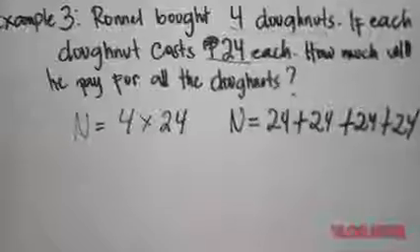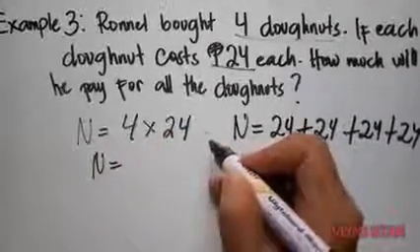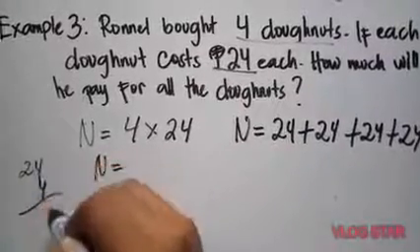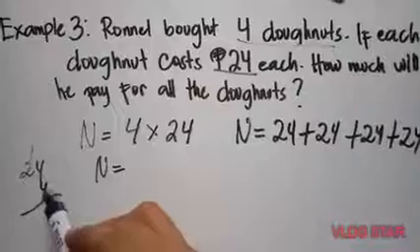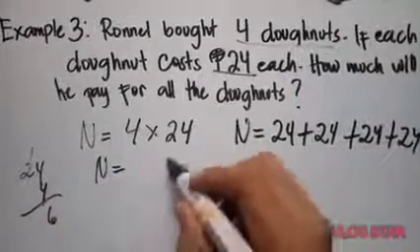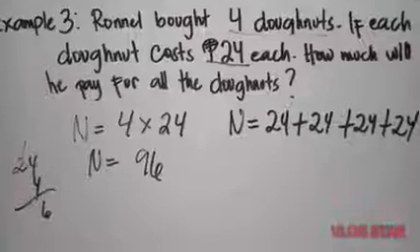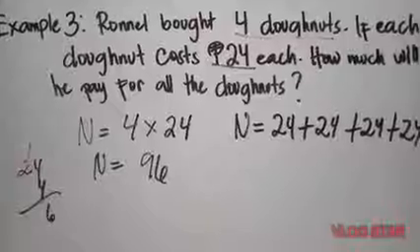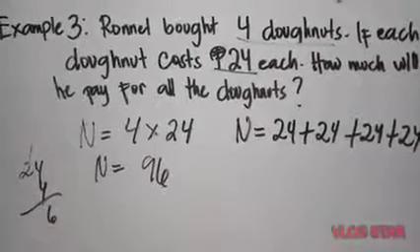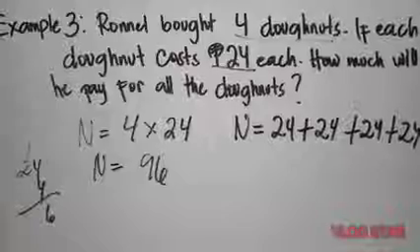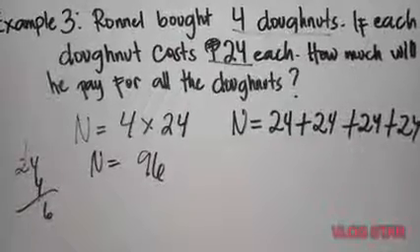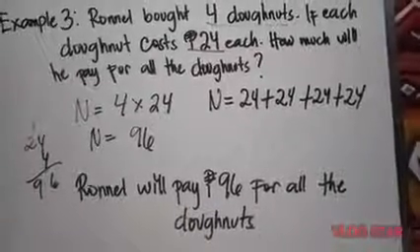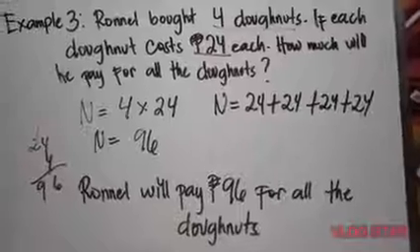Then let's get the value of n by multiplying 4 to 24. So 24 times 4, 4 times 4 is 16, carry 1, 4 times 2 is 8 plus 1, 96. It means that the total amount is 96 pesos. So Ronel will pay 96 pesos for 4 donuts.